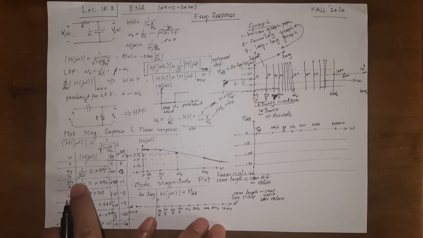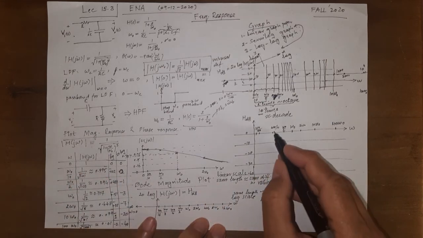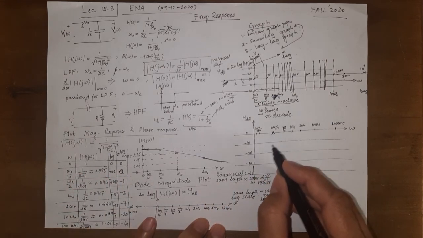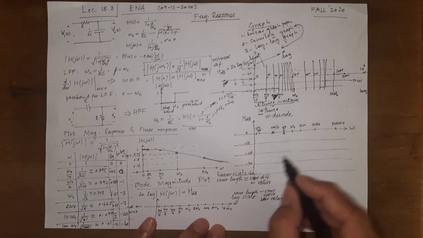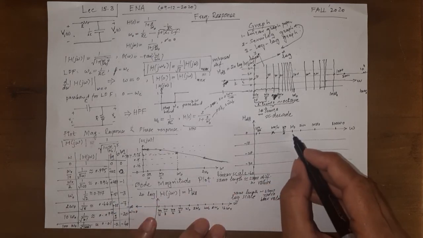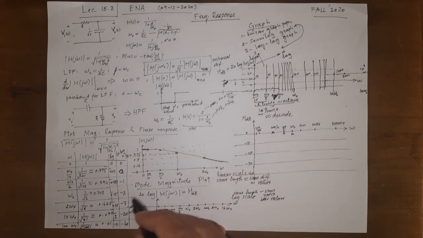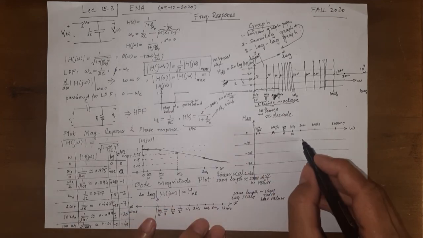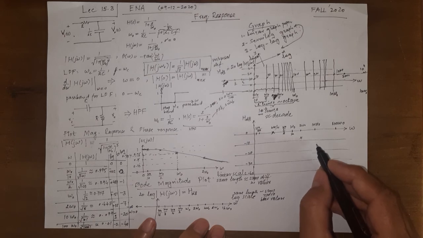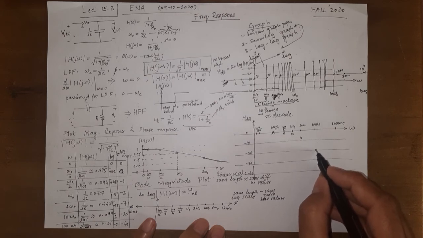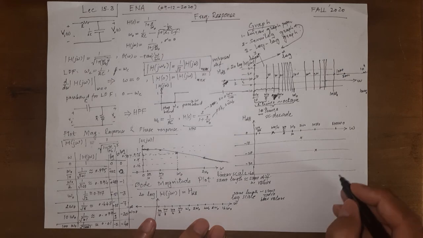So at omega naught by 10, we have close to 0, this point. At omega naught by 2, we have -1. So if this is -10, we are close to 0. And at omega naught, we are close to -3. 2 omega naught, we are at -7. 10 times omega naught, we are at -20. 100 times omega naught, we are at -40.